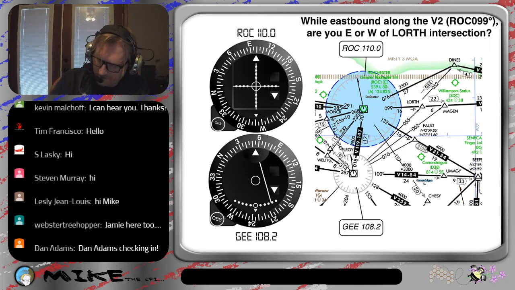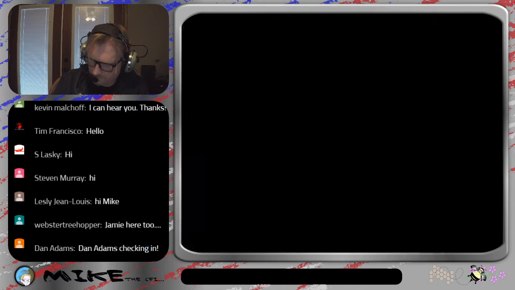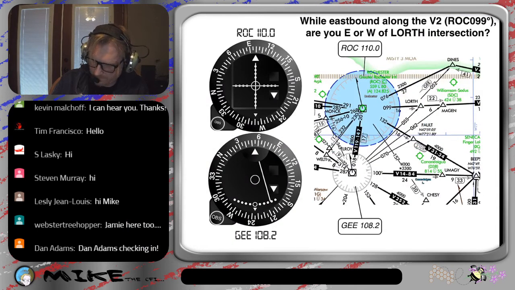So you see that the top one is tuned to Rochester. Sorry about that, wrong button. We're tuned to the 099, and we're heading from the station. So we're going to pretend that we're going that direction.